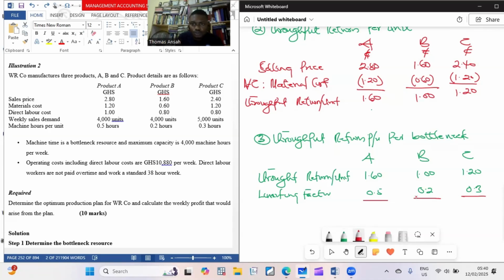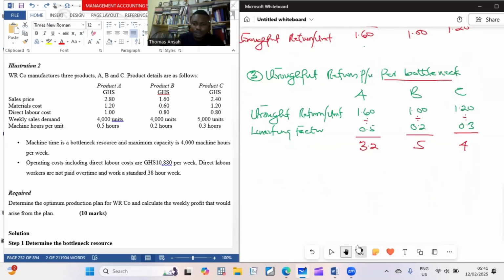Throughput return per unit per the limiting factor, just go through the division. Remember, this is per bottleneck, which means the bottleneck is the denominator. So 1.6 over 0.5 gives me 3.2. Then 1 over 0.2 gives me 5. Last one, 1.2 by 0.3 gives me 4.